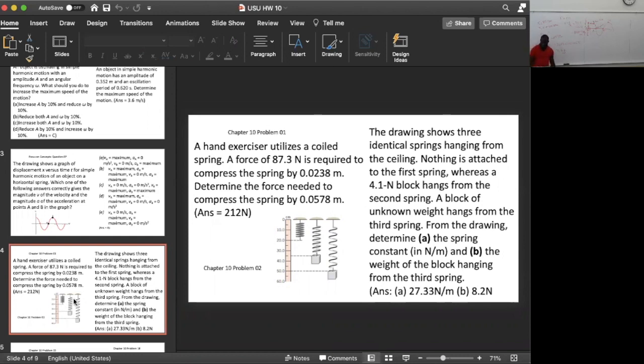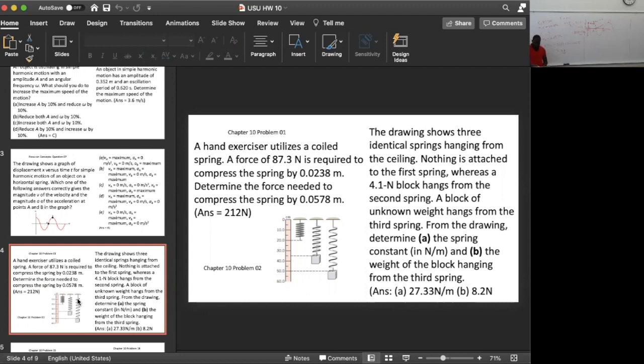The next problem says, chapter 10, problem 02. The drawing shows 3 identical springs hanging from the ceiling. Nothing is attached to the first spring, whereas a 4.1 newton block hangs from the second spring. A block of unknown weight hangs from the third spring. From the drawing, determine the spring constant and the weight of the block. We can get the spring constant from the second spring. Let's get the extension.